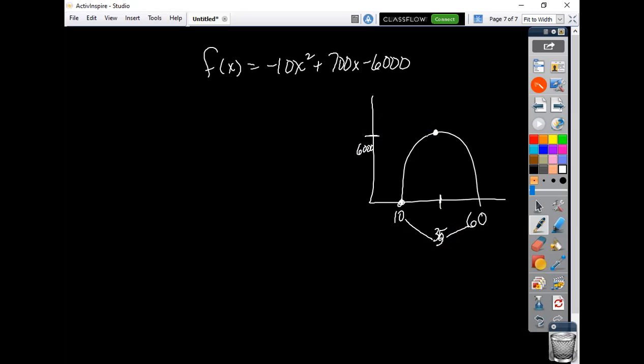I don't know what that exact number is for the vertex, but this is a profit of a company based on the selling price of an item. So you might ask yourself, why is the graph even that shape to start with? Well, down here where you start out, you're not selling it for anything, so you're not making anything.